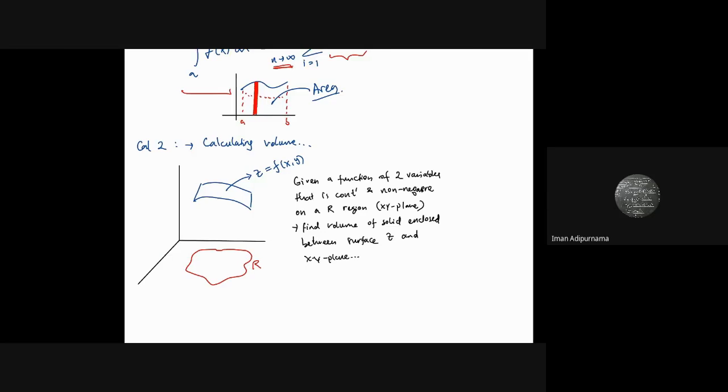So what the sentence means is this is a surface Z, and this is the region R on the XY plane.